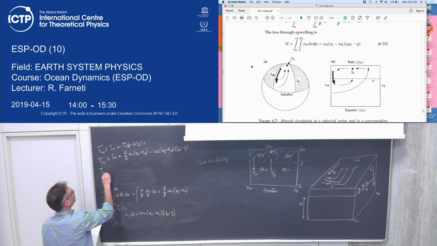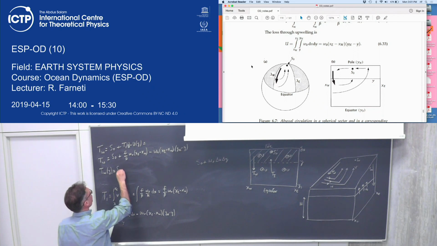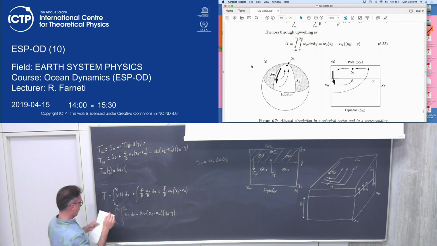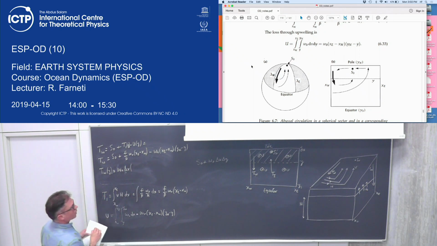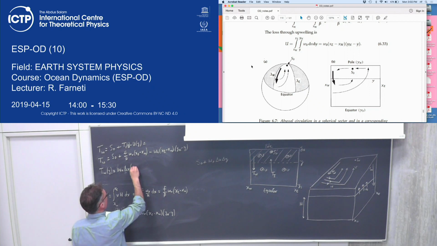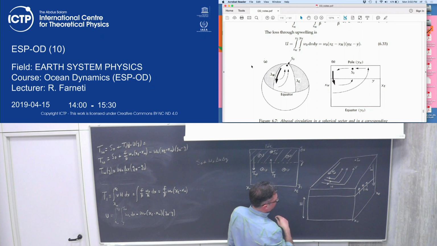So the western transport at that latitude y is equal to S naught, which is W naught delta x, delta y, which is y north minus y south, because it's a global balance.